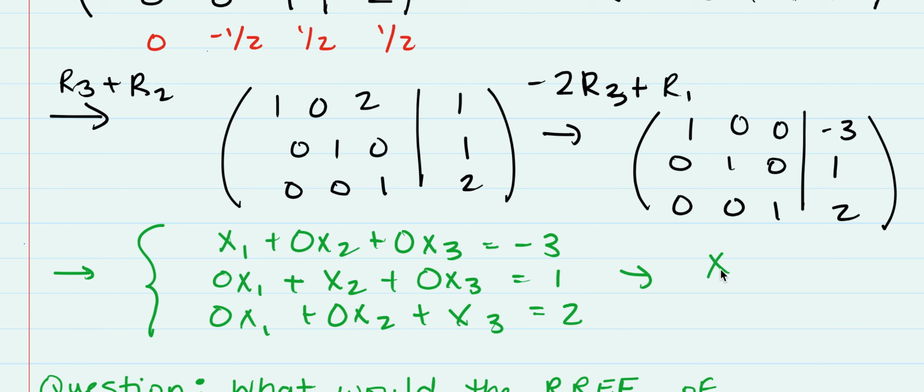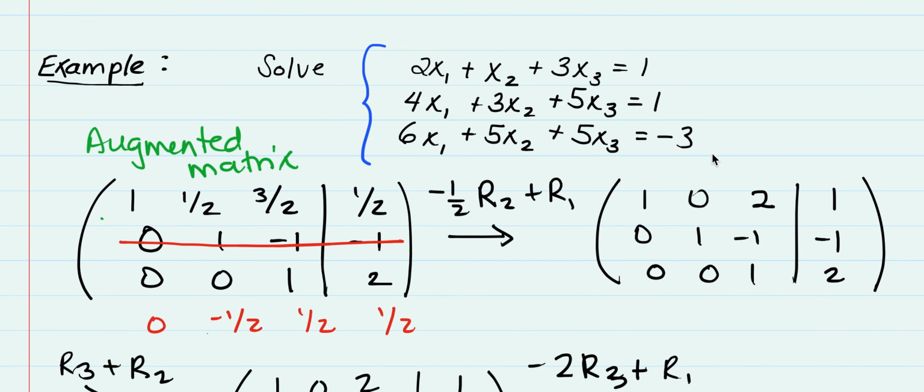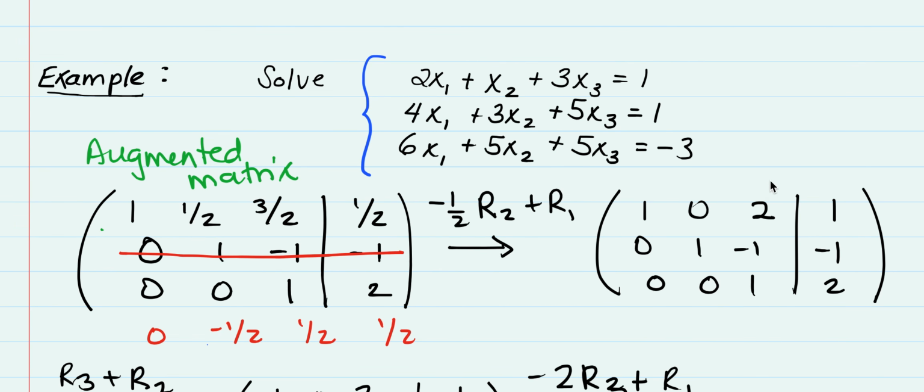So what you see is x1 is -3, x2 is equal to 1, and x3 is equal to 2. And this was actually the solution to our system, to this original system here. So we found an equivalent linear system, and this equivalent linear system gave us the solutions to this.